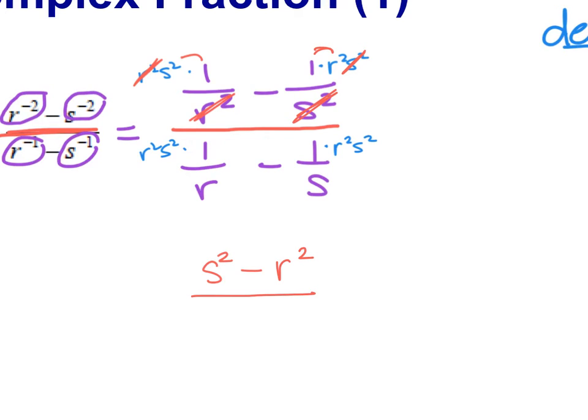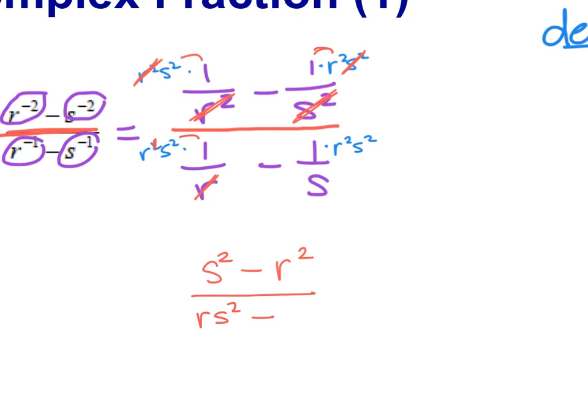Over. Now when I get to this part down here, this is only 1 r, but I have an r squared. So what happens is this r cancels away one of these r squared. So that turns into an r to the first power. Then I multiply that by 1 and I get r s squared.